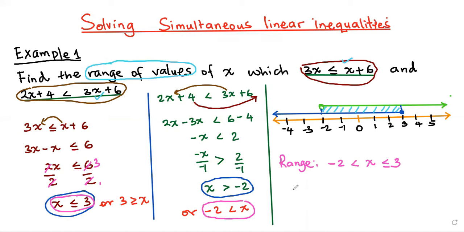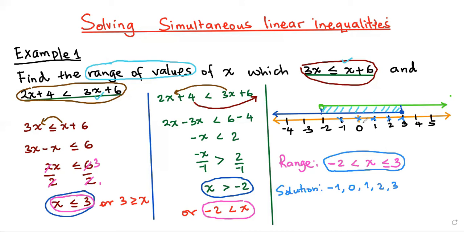Okay. Now, when we say the solutions to these two simultaneous linear inequalities, we mean the values that are within this range. For example, -1, 0, 1, 2, and 3.